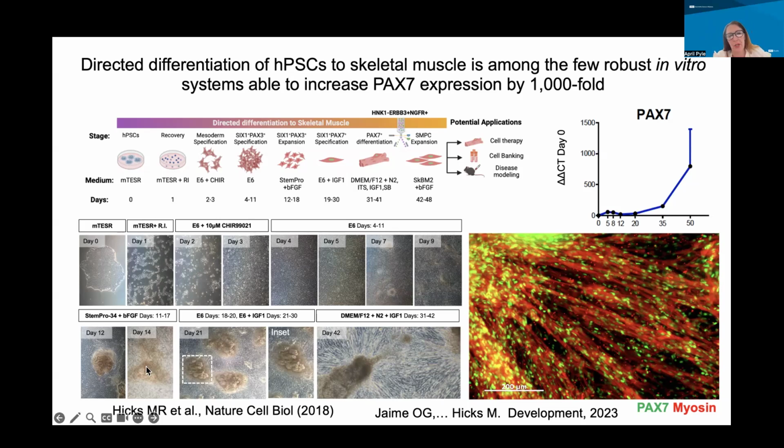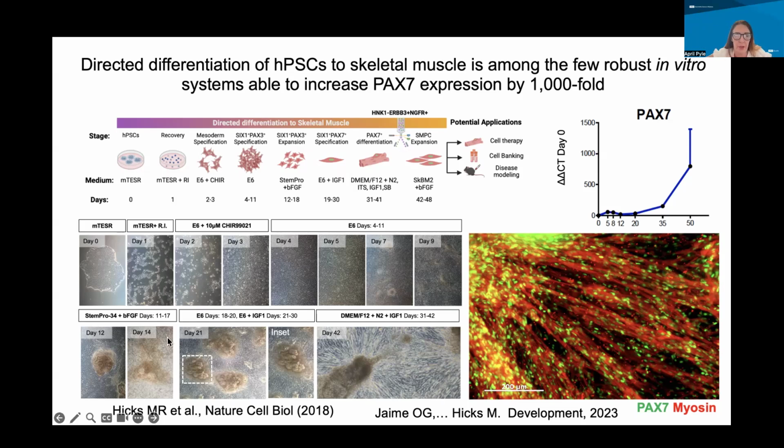And these are quite interesting, which we're evaluating in more detail. But these are really a niche environment that's helping these initial PAX7 cells to arise. So these are these first somite-like clusters in a dish, which you can see.